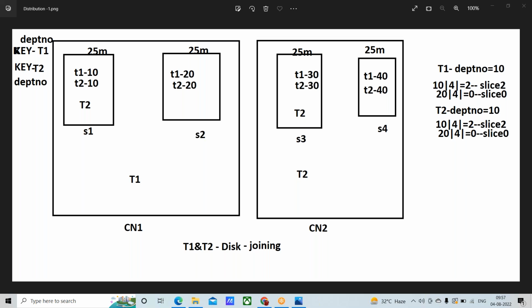Or if you think, no, I don't want it based on the department column, I will give some employee ID, but employee ID is never used in the join, but I want to distribute evenly.